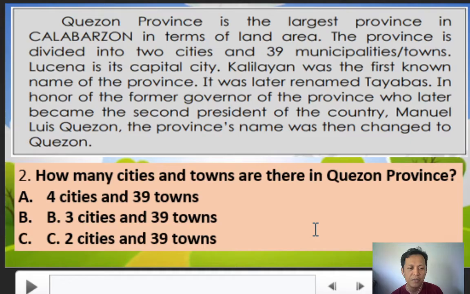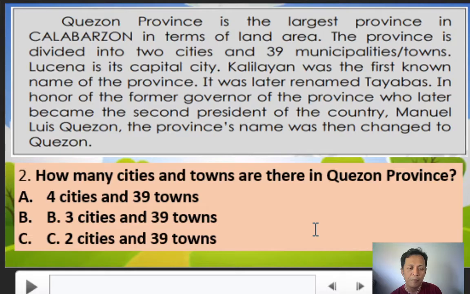Again, is it letter A, 4 cities and 39 towns, letter B, 3 cities and 39 towns, or letter C, 2 cities and 39 towns? Write your answer in your notebook. Write the correct letter.